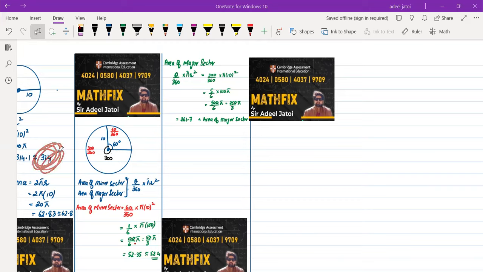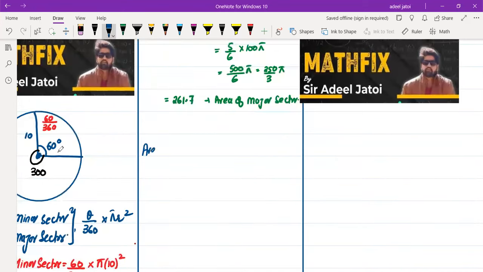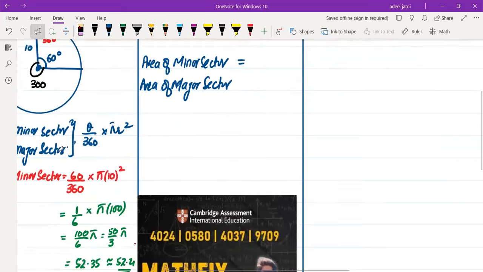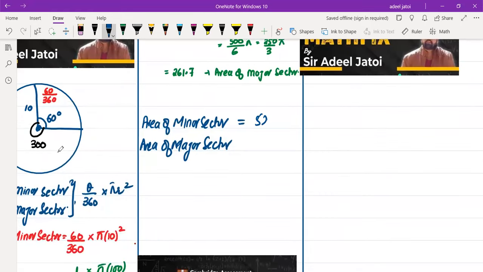So I had the radius, I calculated it, it was 314. If we add these two values, the area of the minor sector was 52.4 and the area of the major sector was 261.7.